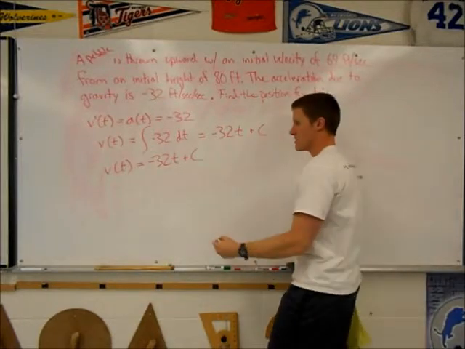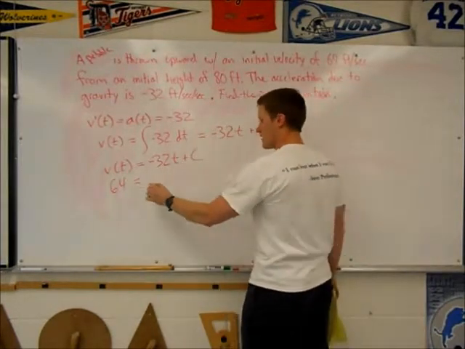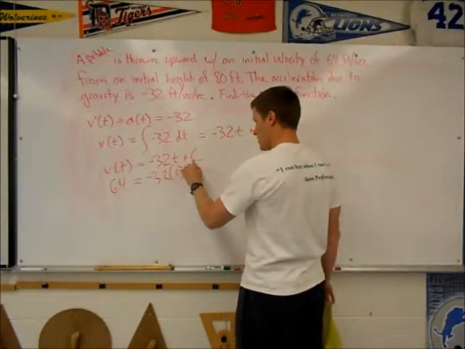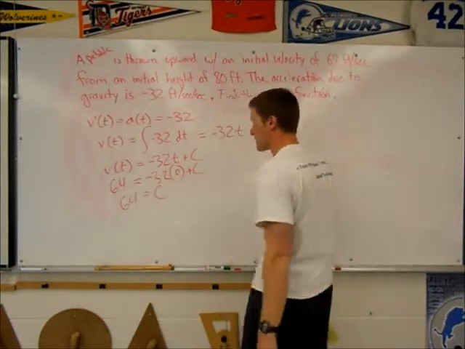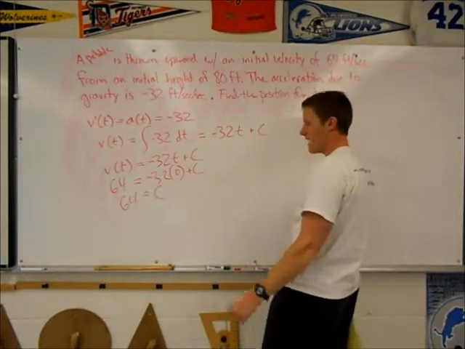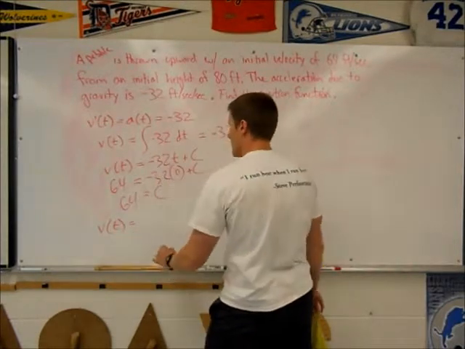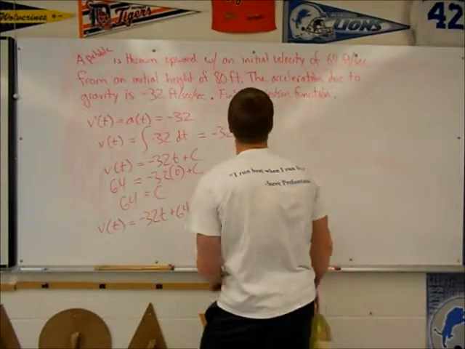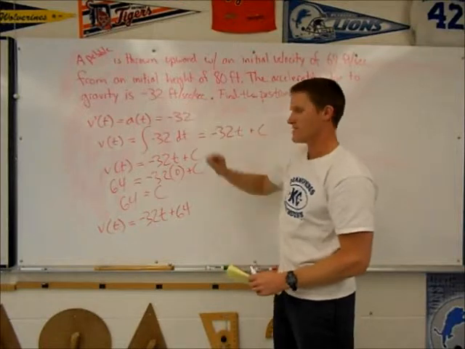Sub in the point, 64 for the velocity, as long as t is 0. That gives c to be 64. So now I've got a velocity equation. Velocity is negative 32t plus 64. So this is satisfied, and that is satisfied.